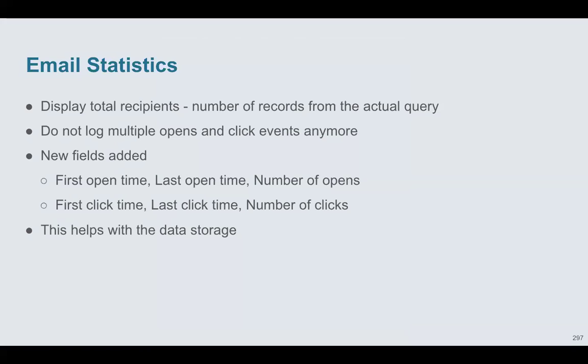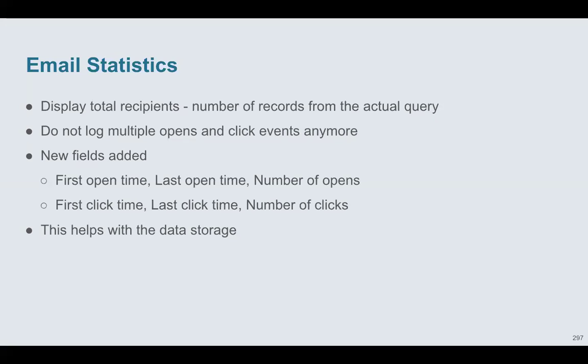A few other things that we have done: some additional details in email statistics, one of which is the total recipients. A lot of clients have asked, I do not know how many records are in my list view or report, how do we know? If you just want to keep that as statistics and outreach, we have come up with a total recipients field.